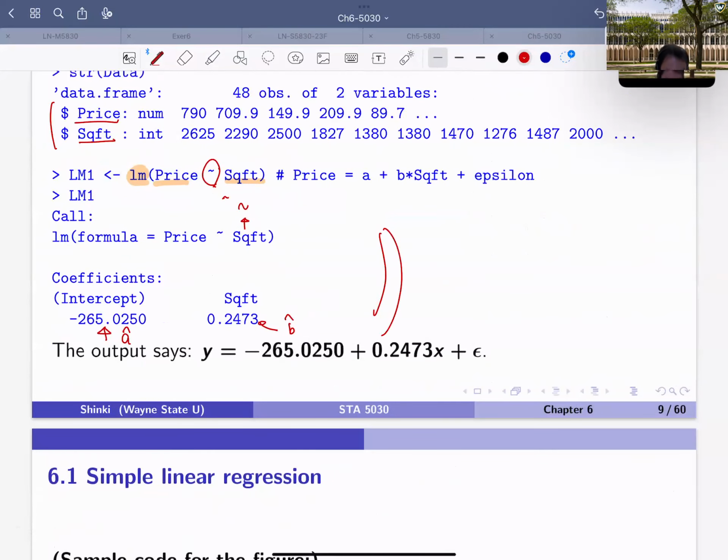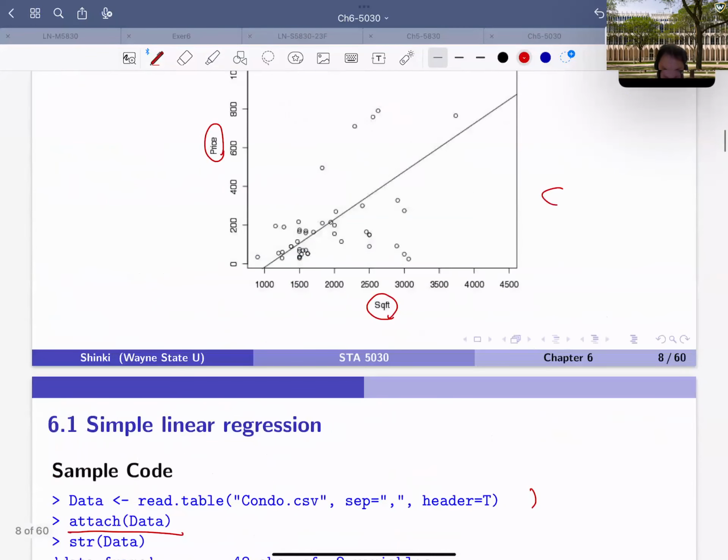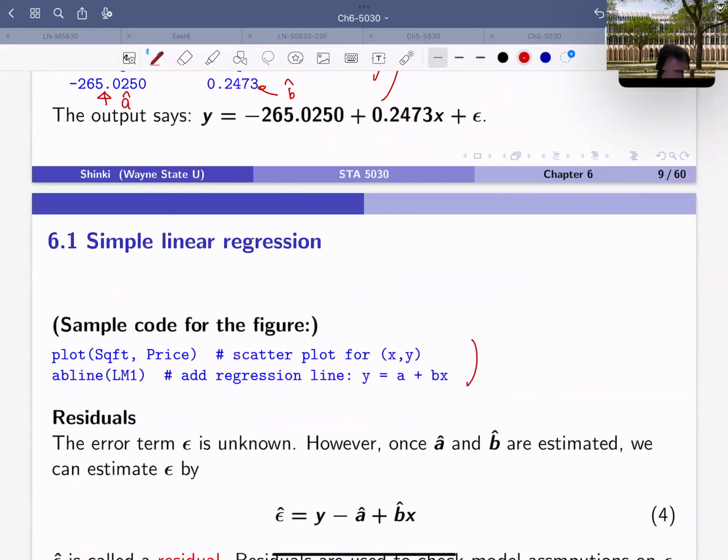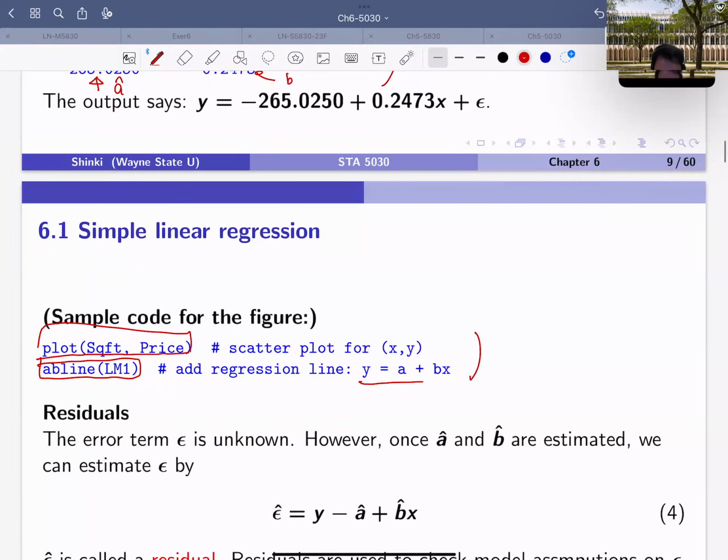So this is the numeric result. And how to make this plot? Actually, this plot has this straight line already. And this can be done by this. So plot square footage and price. This is just a scatter plot. And we overlay this abline. abline is y equals a plus bx. So we have to specify a and b.